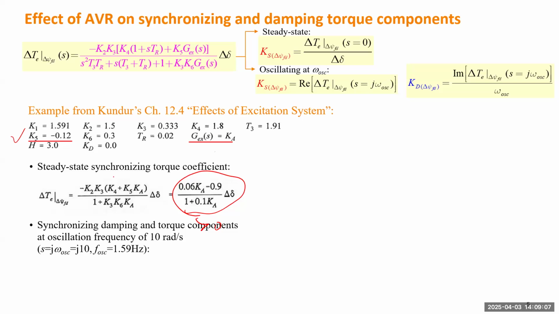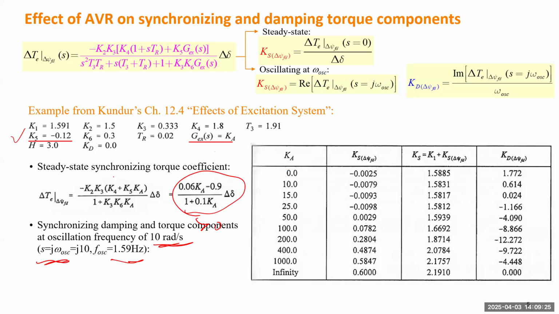If the system is oscillating, assume it can oscillate at 10 radian per second. 10 radian per second is about 1.59 hertz. Then you need to plug this into the transfer function, okay? I won't go into the detail, but I give you a table taking different control gains. Like 0 means you have no excitation control. If you have no excitation control, this one becomes negative, but the damping coefficient is positive.